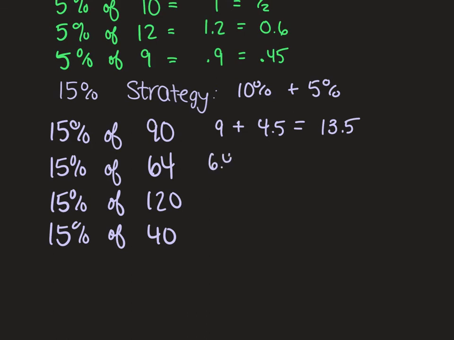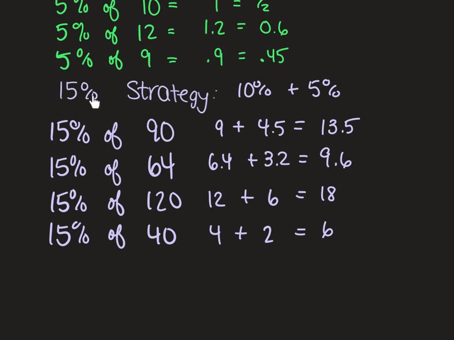For 6.4, if I go 10% and half of 10%, and then I add it together, I get 9.6. If I do 10% of 120 and half of that 10%, I add them together and get 18. 10% of 40, half of that 10%, add them together and I get 6.